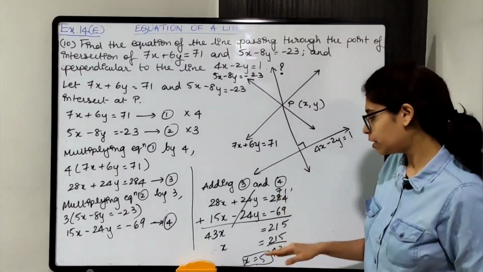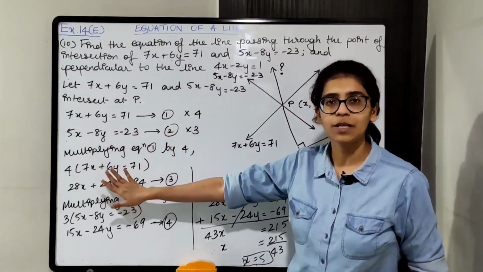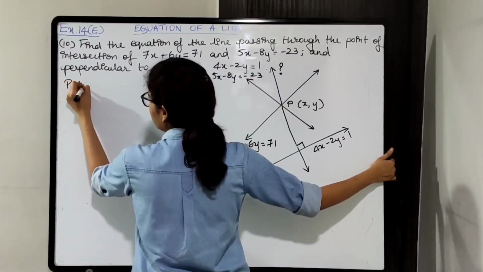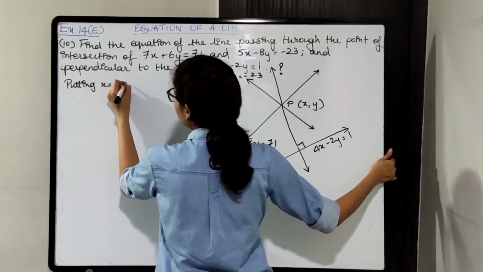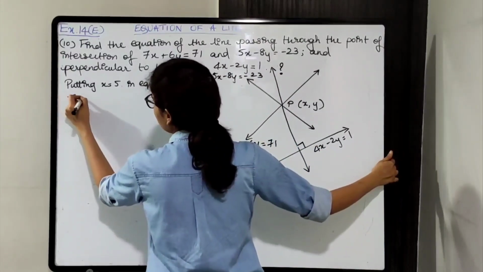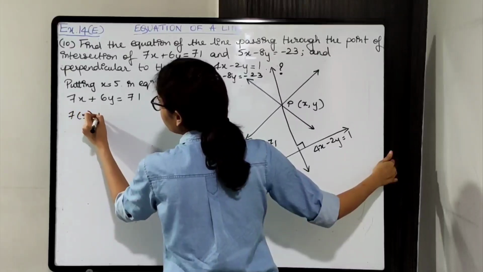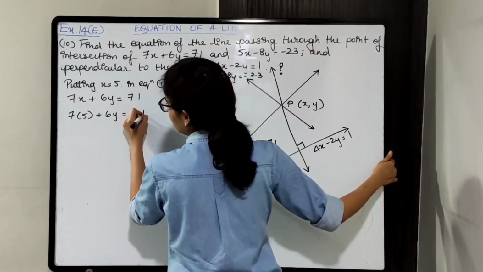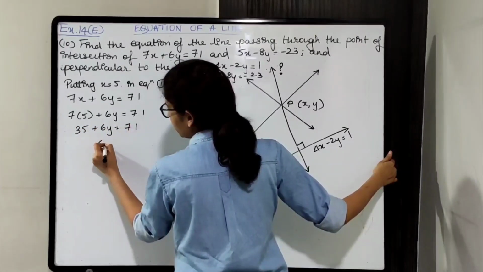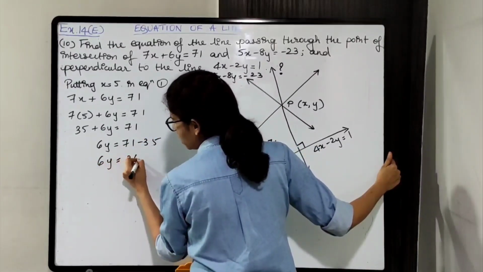Let us find out the y coordinate by putting the value of x in one of the 4 equations. Substitute in any one and find out the value of y. Putting x equal to 5 in equation 1. Equation 1 is 7x plus 6y equals to 71. 7 into 5 plus 6y equals to 71, that is 35 plus 6y equals to 71. 6y is equal to 71 minus 35, that will give 36.